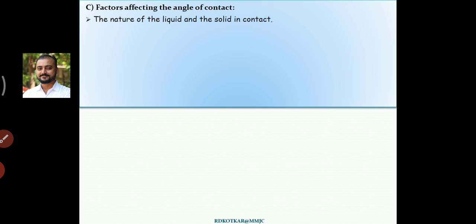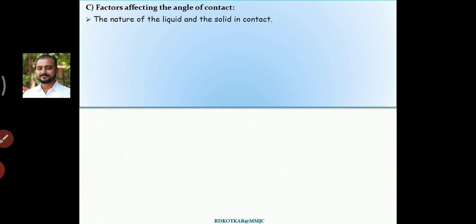So the first factor that we have to discuss here is the nature of the liquid and solid in contact. The meaning of the sentence is simply that which type of liquid and solid are kept in contact will decide the angle of contact.